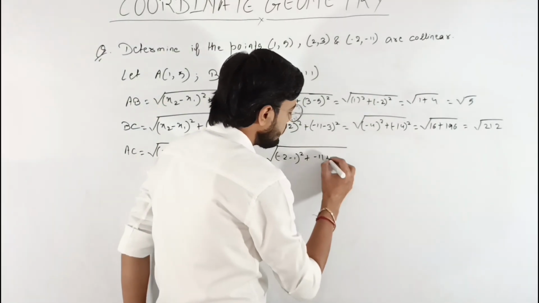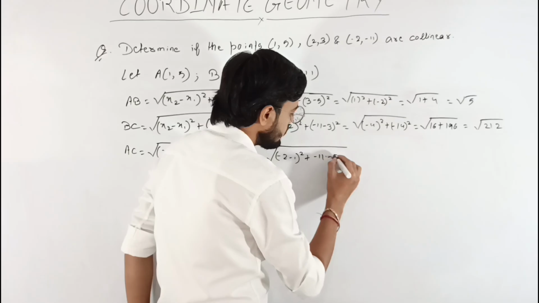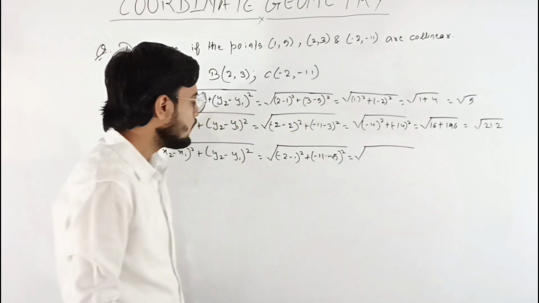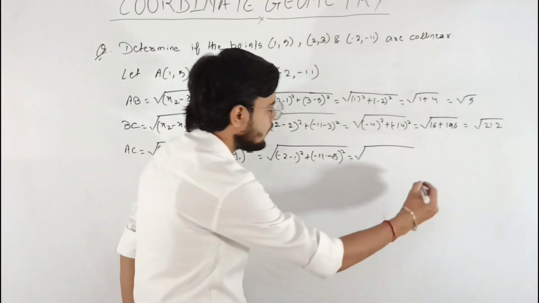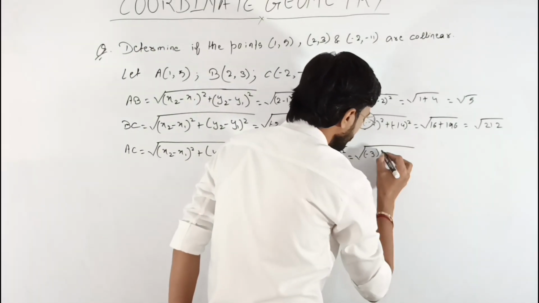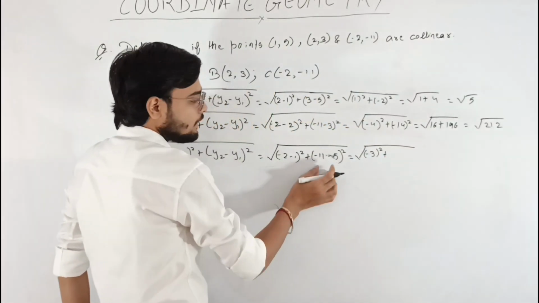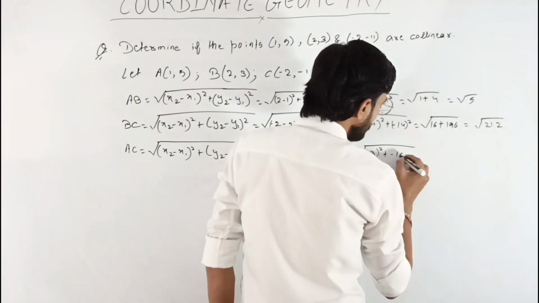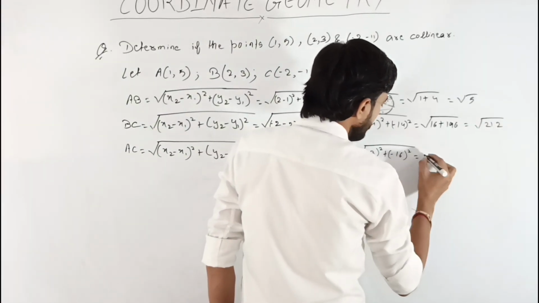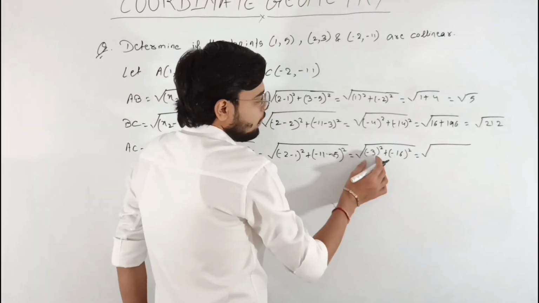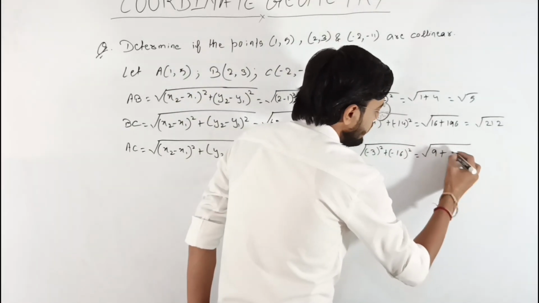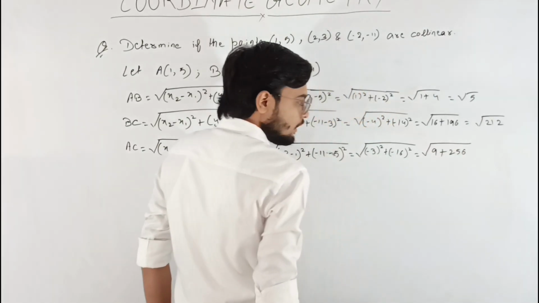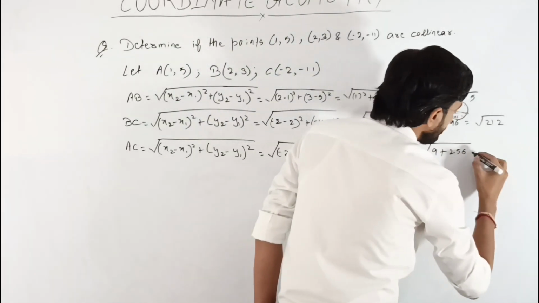So (minus 11 minus 5) square is equal to what? Minus 2 minus 1 is minus 3, plus minus 11 minus 5 is minus 16, square is equal to, now the square of minus 3 is 9 plus the square of 16 is 256. Now 9 plus 256 is equal to what?